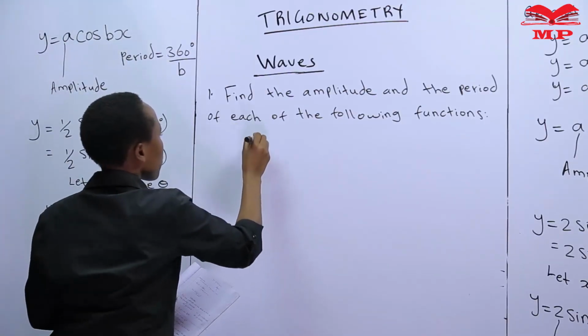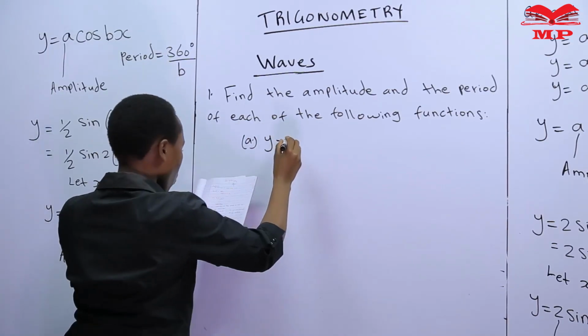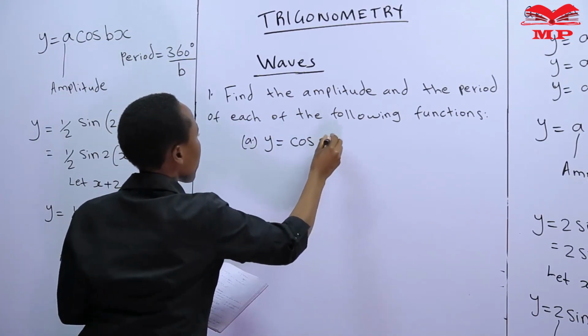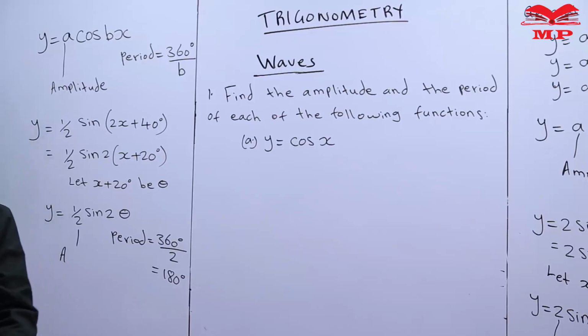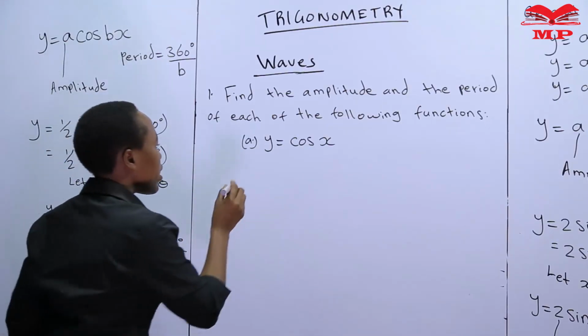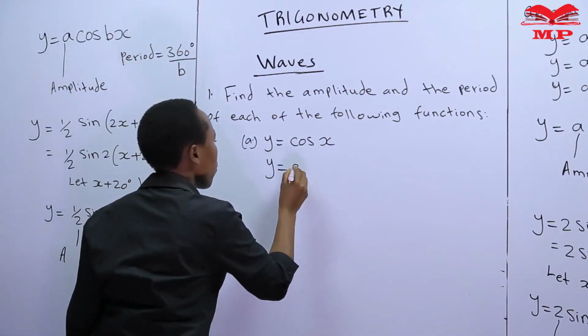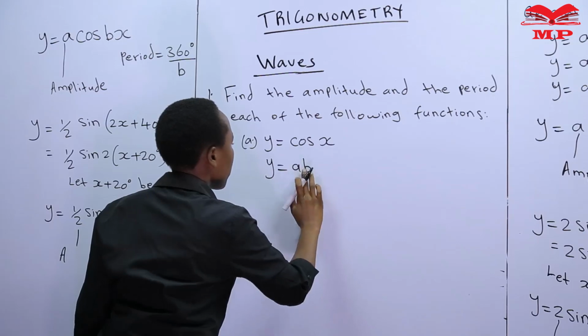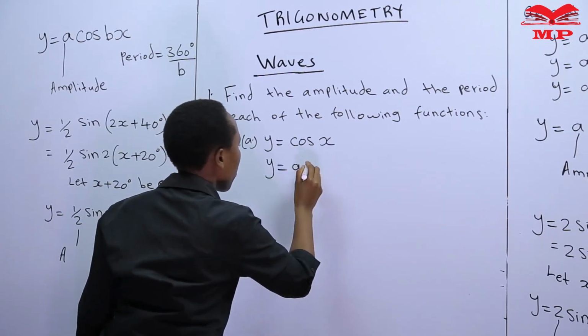We have the first one, y is equal to cos x. We want to find the amplitude and also the period. We have the general equation, y is equal to a cos or sine bx.